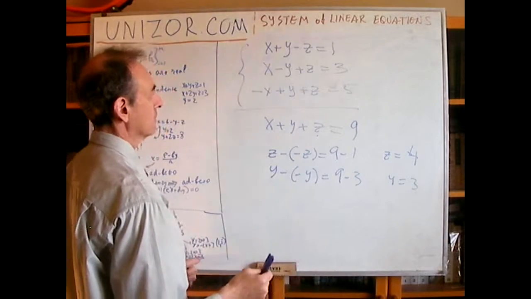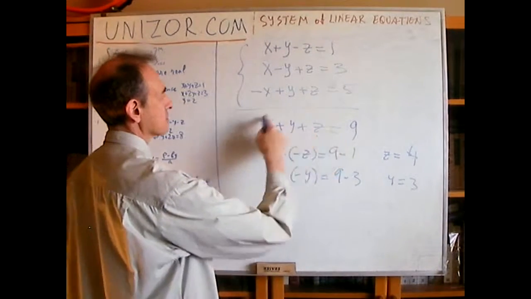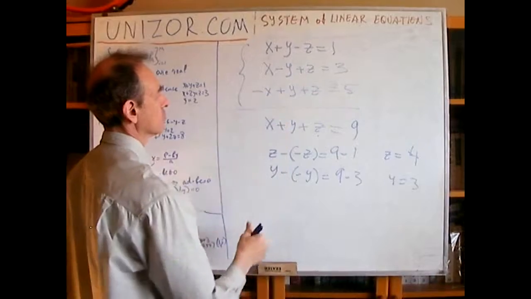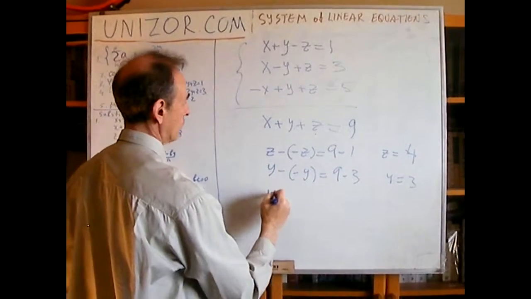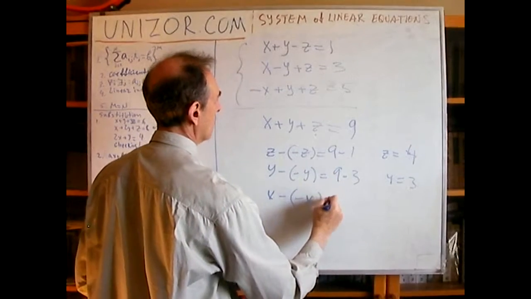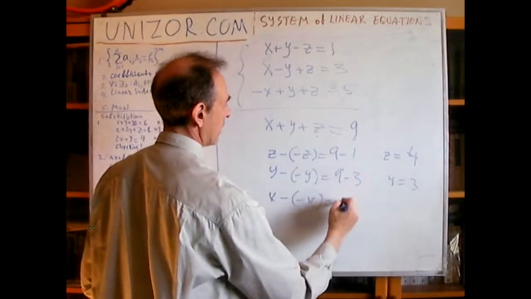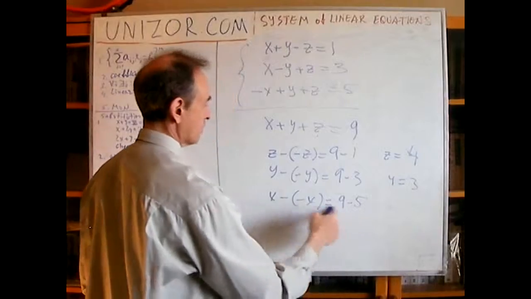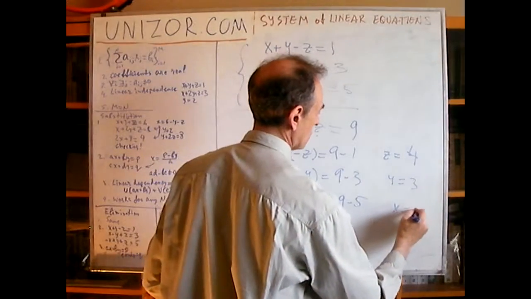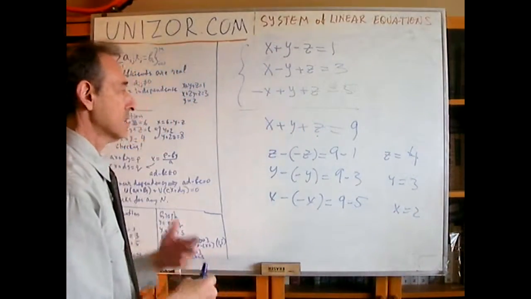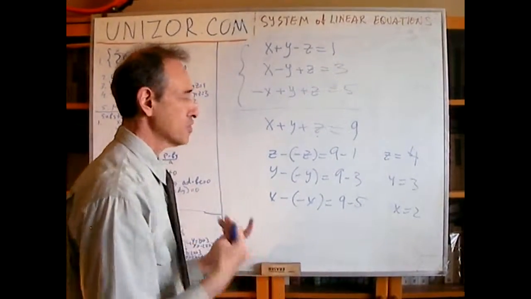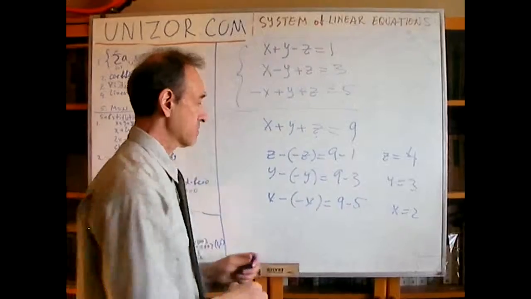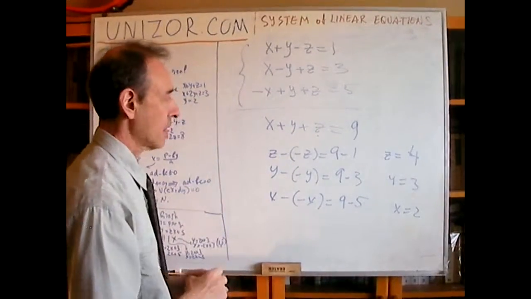Now, finally, if I subtract from this the third equation, my y and z would eliminate each other, and I will have only x minus minus x equals 9 minus 5, which is 4, so 2x equals 4, x is equal to 2. So, again, this is a simpler solution which is based on this particular method of elimination.